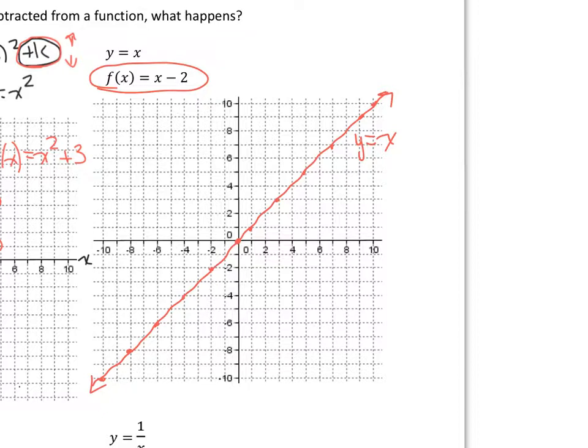We know that the y-intercept is minus 2 and that the slope is 1. All these points are mapped identically down 2. So our new function is f of x equals x minus 2. So it has been translated down 2 units.